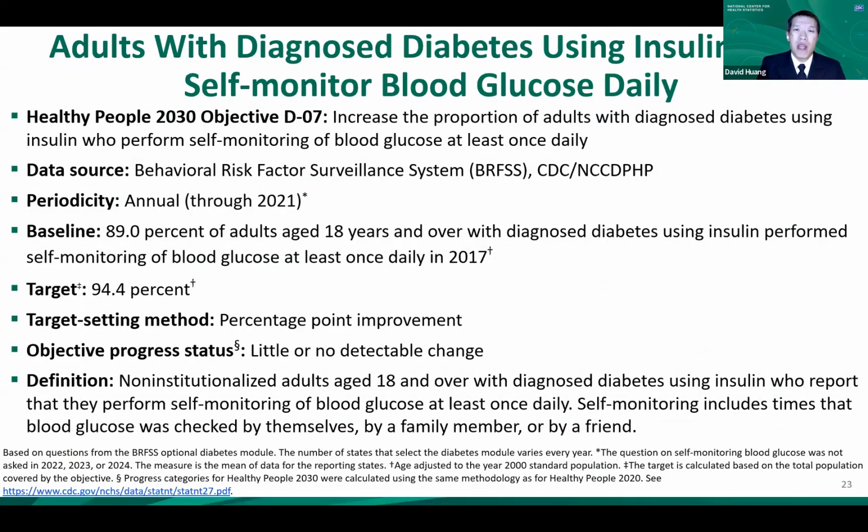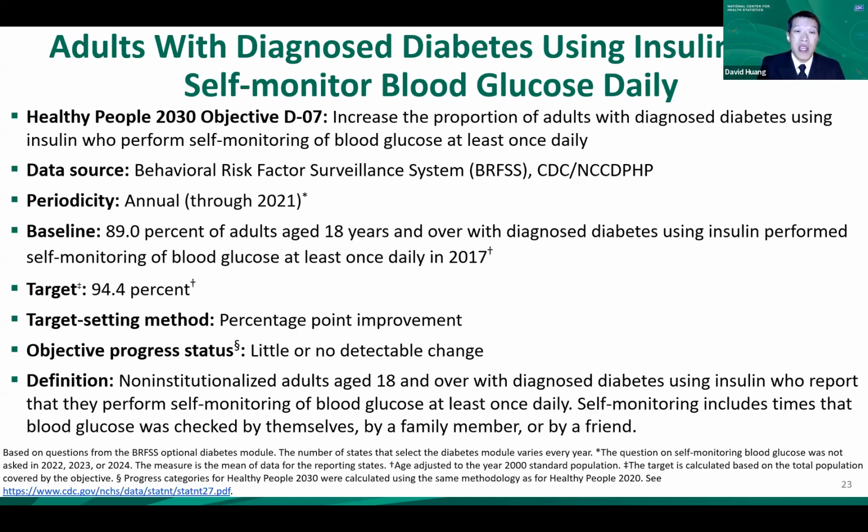This objective tracks the percentage of non-institutionalized adults aged 18 years and over with self-reported diagnosed diabetes who use insulin and report performing self-monitoring of their blood glucose at least once daily. Self-monitoring includes times that their blood glucose was checked by themselves, by a family member, or by a friend, and excludes times that their blood glucose was checked by a health professional.